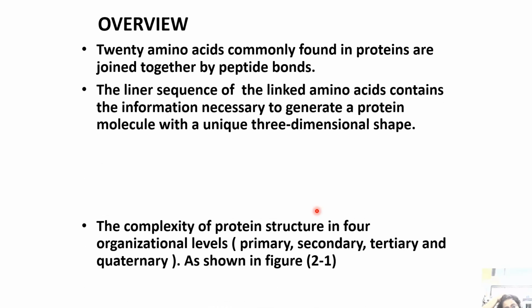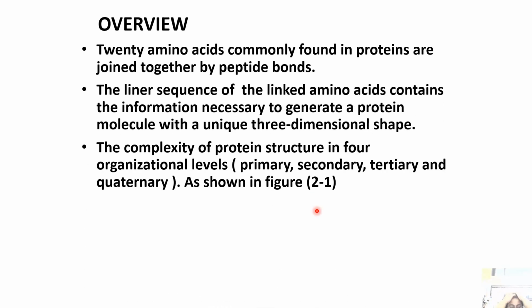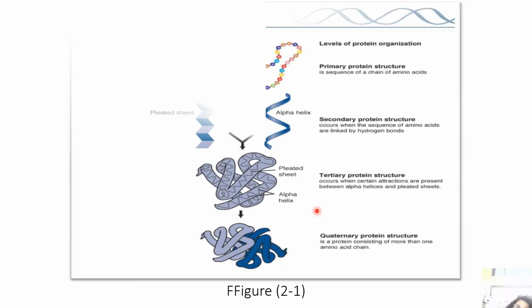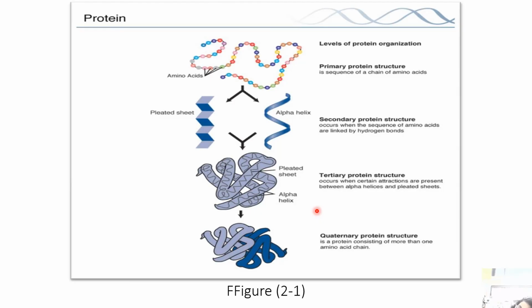So we know 20 amino acids commonly found in proteins are joined together by peptide bonds. A linear sequence of the linked amino acids contains the information necessary to generate a protein molecule with a unique three-dimensional shape. The complexity of protein structure is in four organizational levels: primary, secondary, tertiary, and quaternary. These are the levels of protein organization.